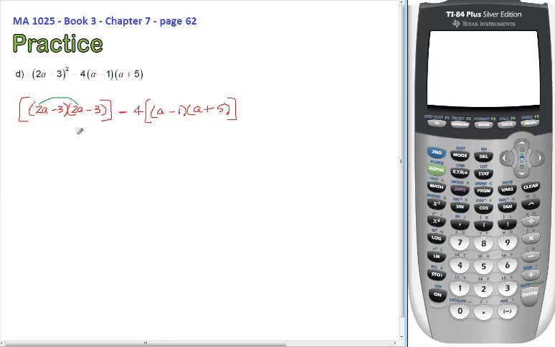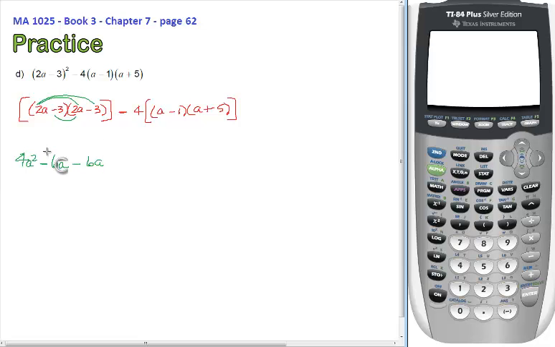So I'm doing the FOIL method, or expanded distributive property, for binomial times binomial. And 2a times 2a is 4a squared. Then 2a times negative 3, negative times positive, of course, is negative. 3 2s are 6a, so minus 6a. Then I'll do negative 3 times this one, which is minus 6a again.